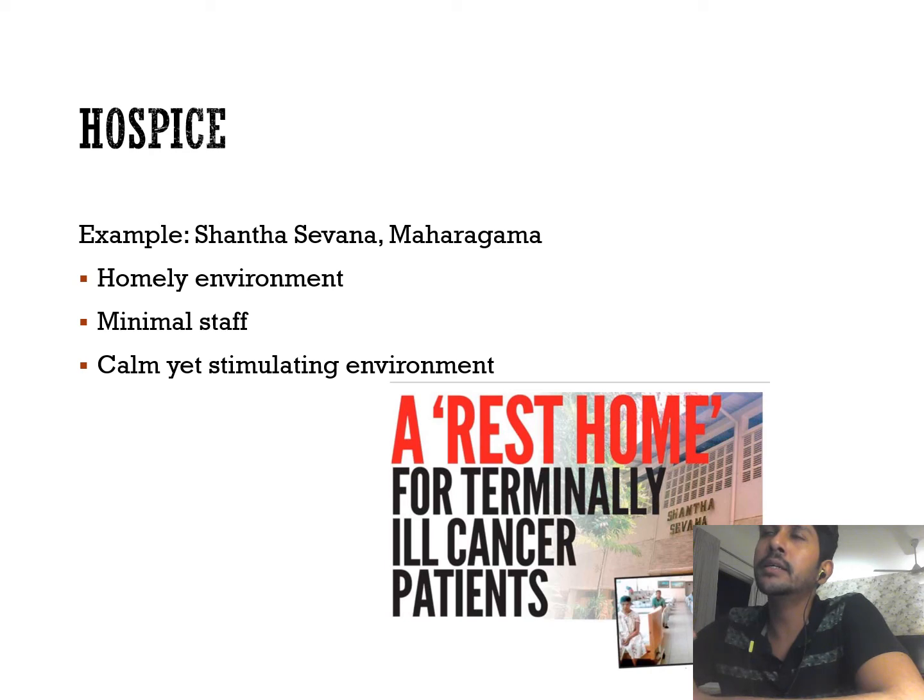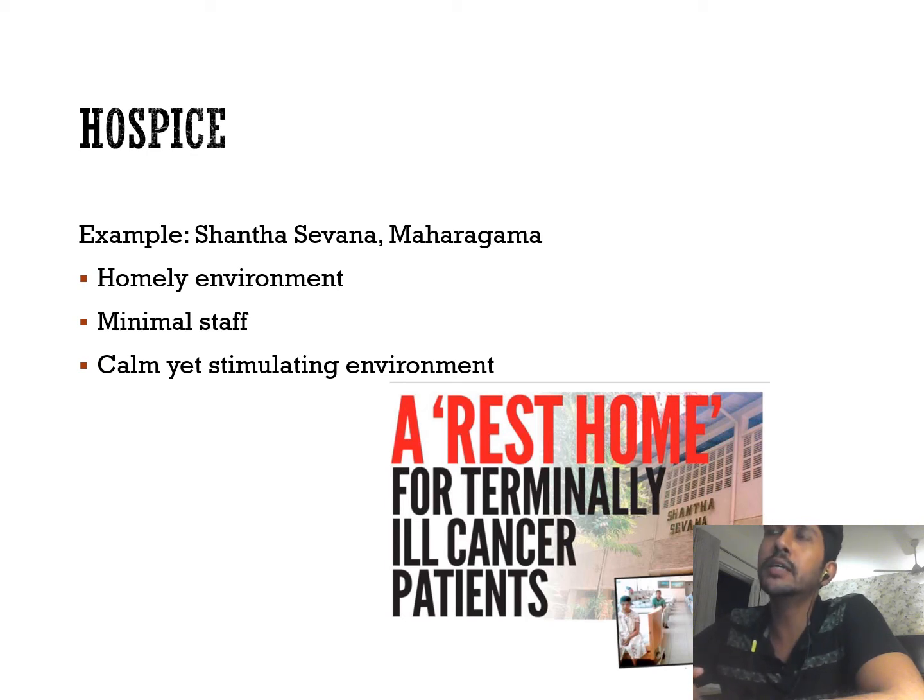And then another example is the Sahana Sevana hospice that I talked to you about earlier, which is located in Maharagama. That institution provides care for the patients after they are discharged from the hospital, and before being transferred home.